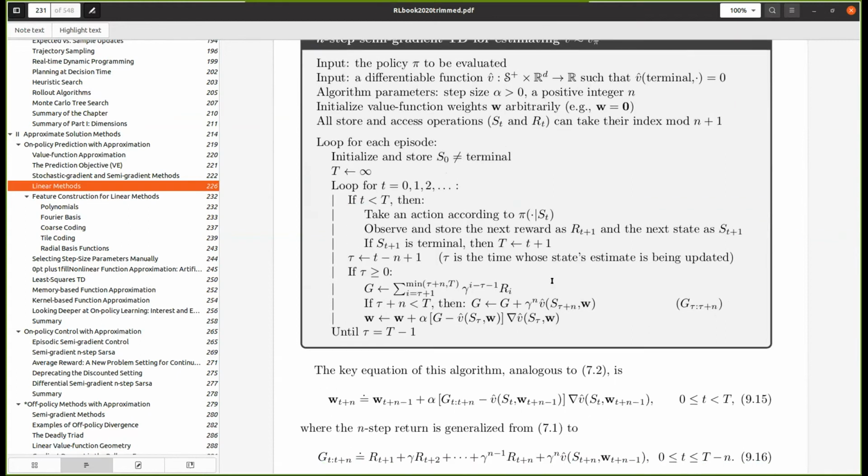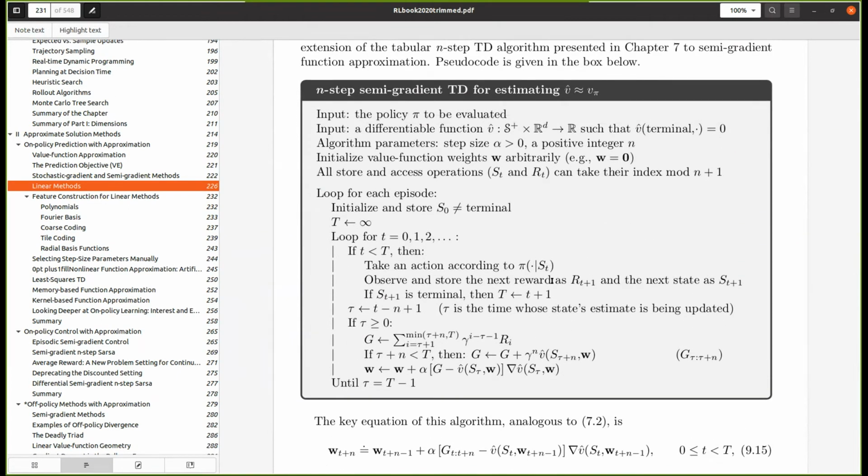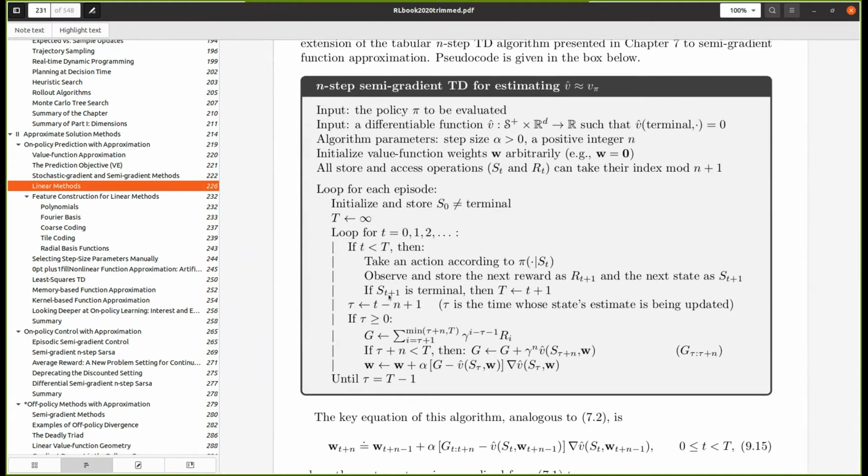This is a semi-gradient method, if I'm not mistaken, right? Yeah. All the bootstrapping methods would be semi-gradient. It just doesn't consider the gradient on the estimate when it's bootstrapping, isn't it?